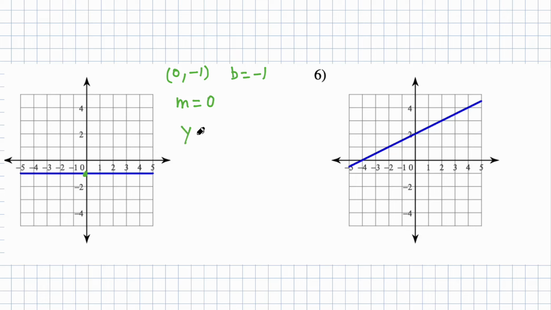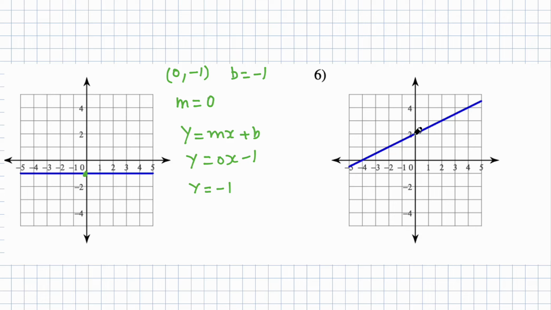So this time my equation y = mx + b will be written as y = 0x - 1, and it's not going to make any difference. So let's write y = -1. So for the horizontal line, the equation is y = -1.